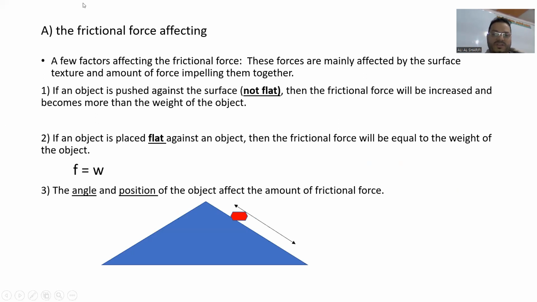If an object is pushed against a surface that is not flat, the surface kind is very important. When it is flat and when it is not flat, there will be a big difference between the two situations, because the force will be different in these two equations.